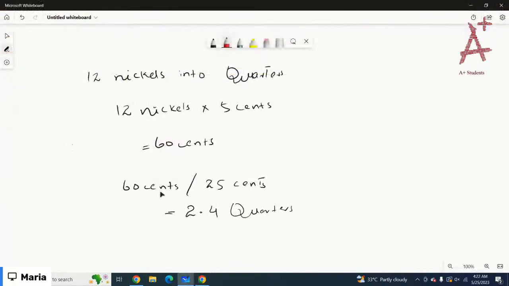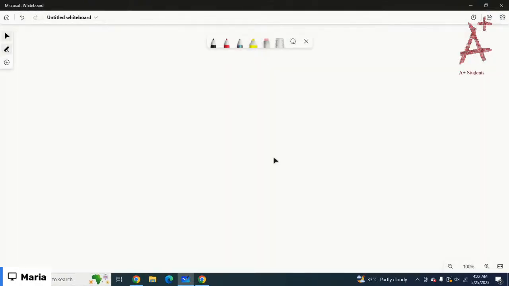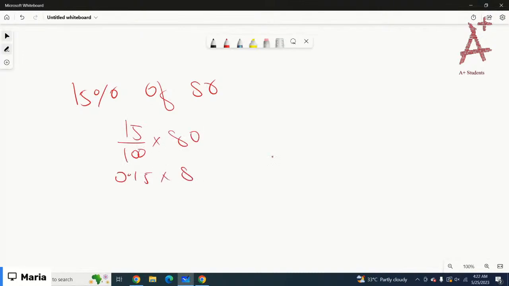Got it? You have to calculate 15% of 80. It would be 15 over 100 times 80. That means 0.15 times 80. So let's just calculate the value. 0.15 times 80 is 12.